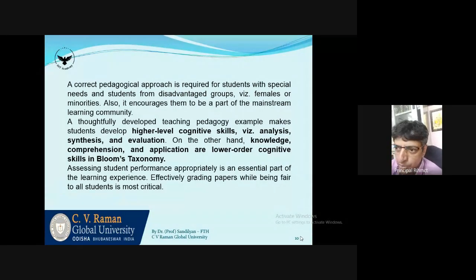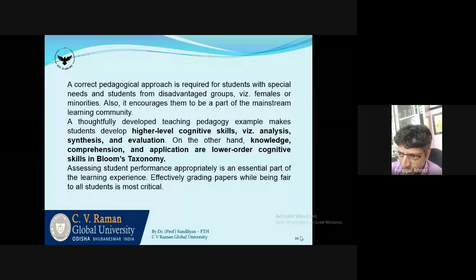This lower order to middle order to higher order technically means remembering and recall is the lower order. The analytical ability and application is the middle order, whereas the evaluative and the creative ability is the higher order thinking. So we need to focus to bring the student from lower order thinking to middle to the higher order. Can we move to the next slide?